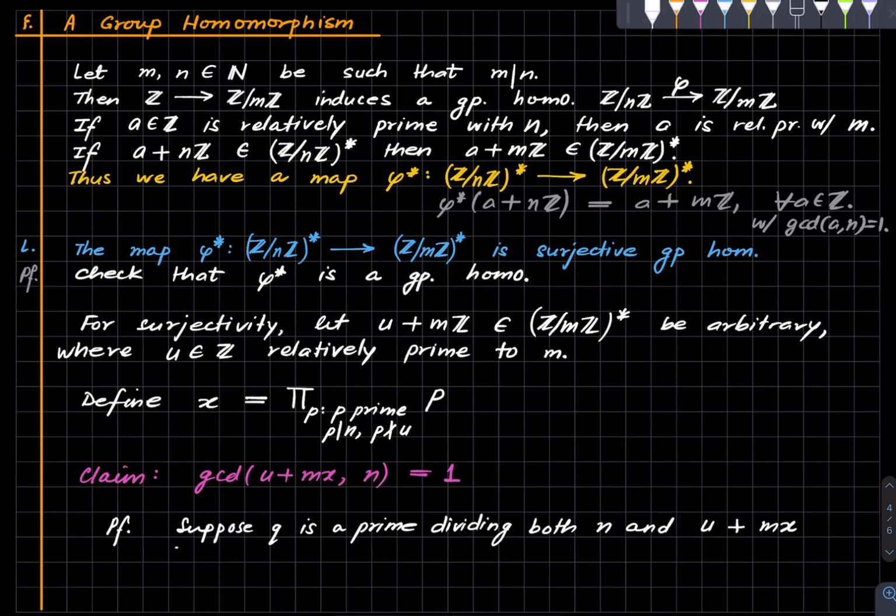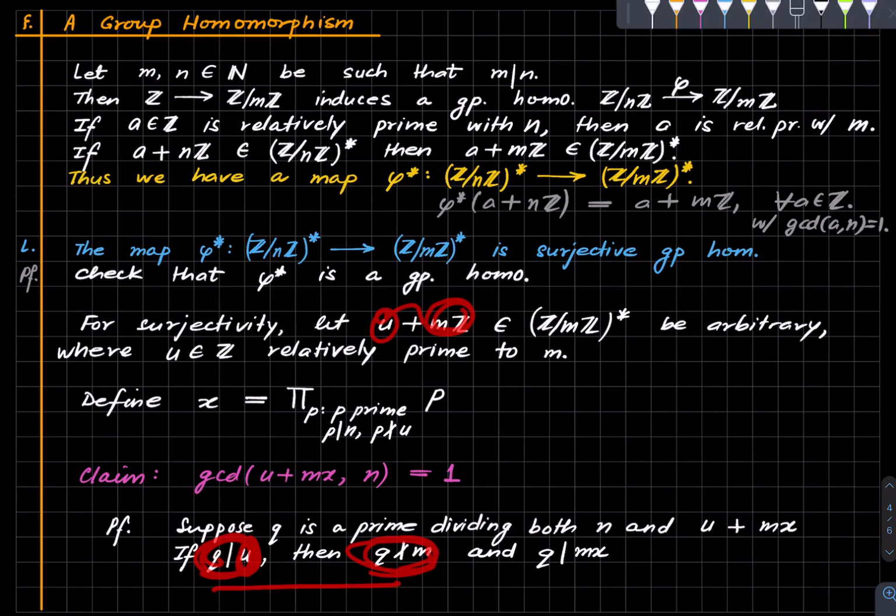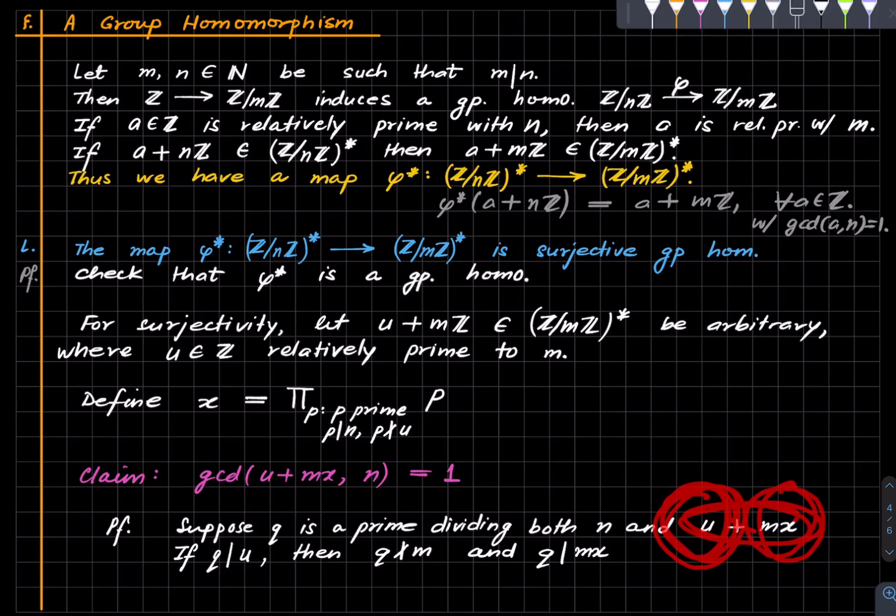So if q divides u, then q does not divide m, and q divides mx. Let me explain. If q divides u, then since u is relatively prime with m, q cannot divide m. And why does q have to divide mx? That's because q divides u plus mx, and if it also divides u, then it has to divide mx.